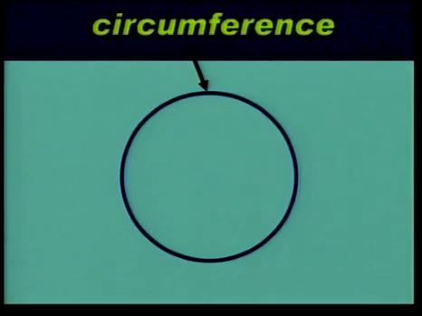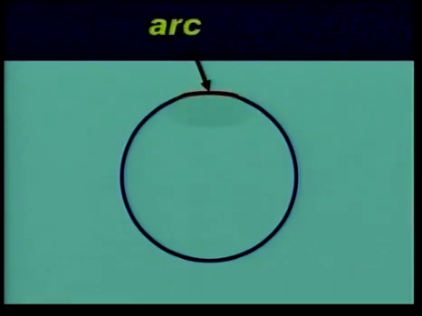80s and receiving students, here are the parts of the circle once again. Circumference, the boundary of a circle, and the arc is the part of the circumference, which is the red line on the boundary of a circle there, or the circumference.